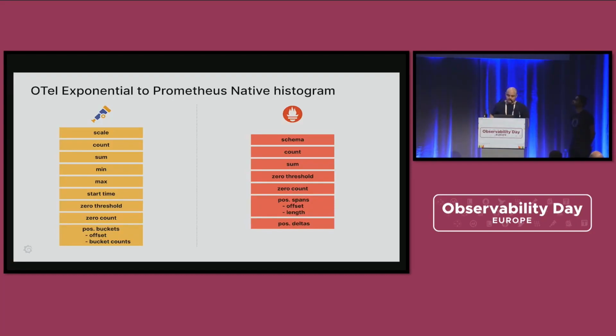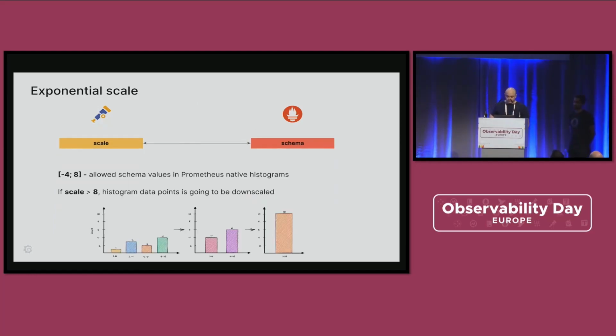Let's start with the exponential scale and native histogram schema. So native histogram schema allows schema values that fall in a range from -4 to 8 inclusively. So if exponential scale has a value greater than 8, we can downscale the histogram and merge the buckets. That's what Ganesh mentioned before.